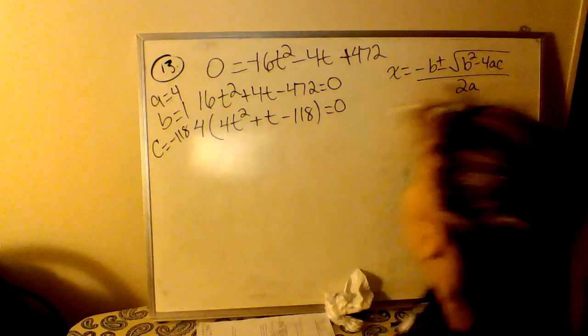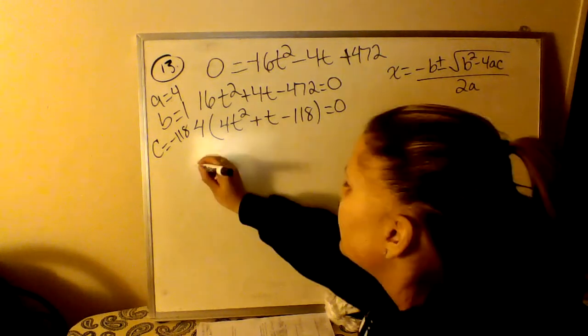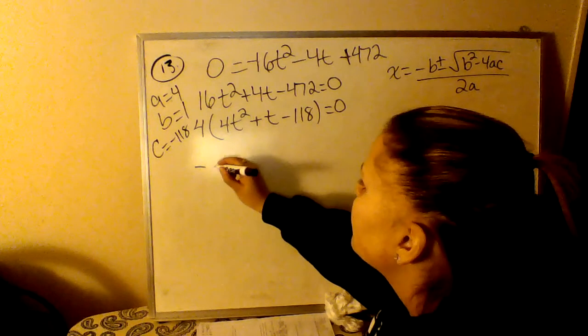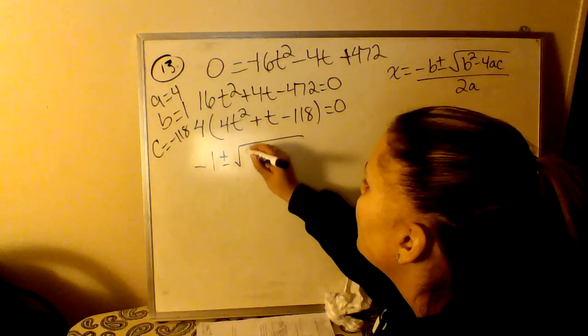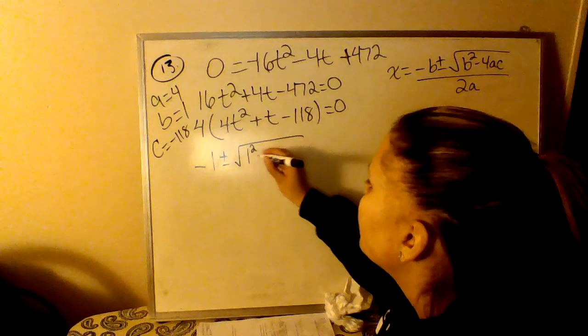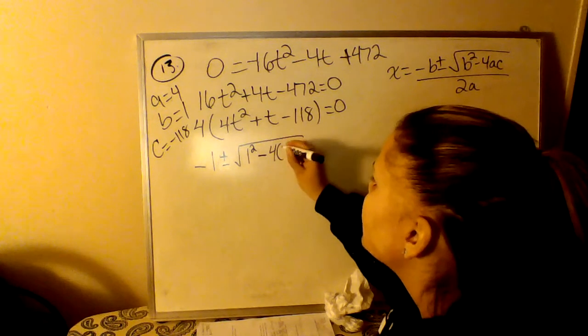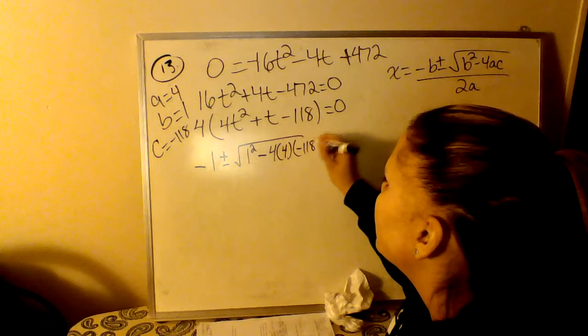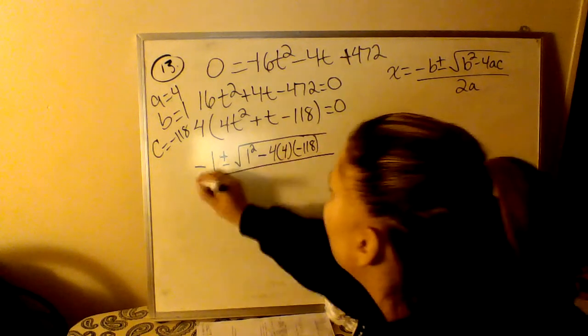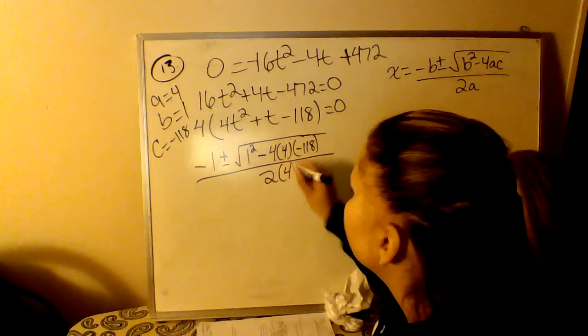So now when I plug it into the formula, that's negative 1 plus minus the square root of 1 squared minus 4 times 4 times negative 118, all over 2 times 4.